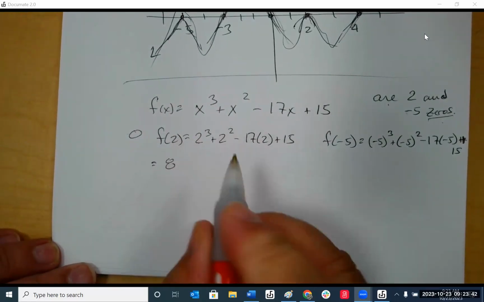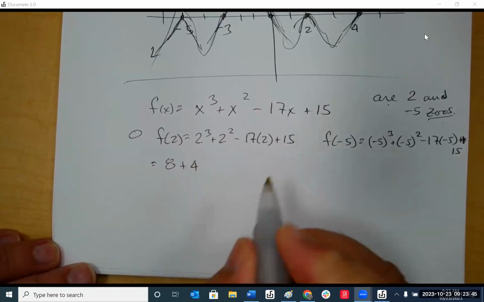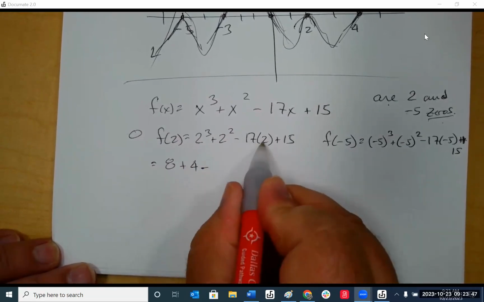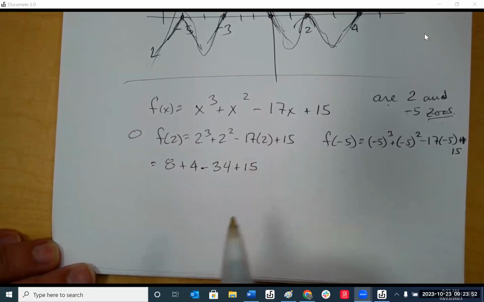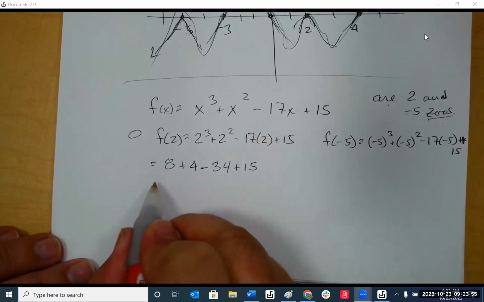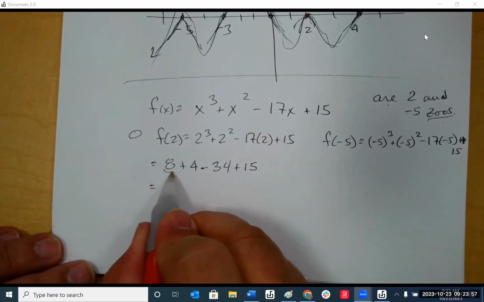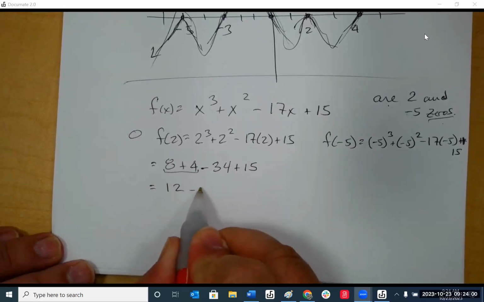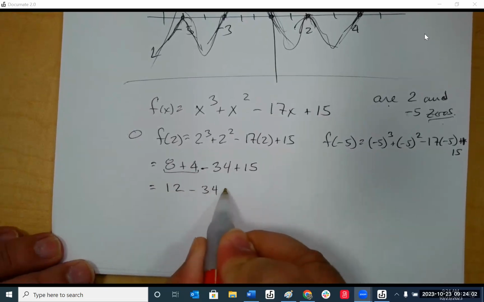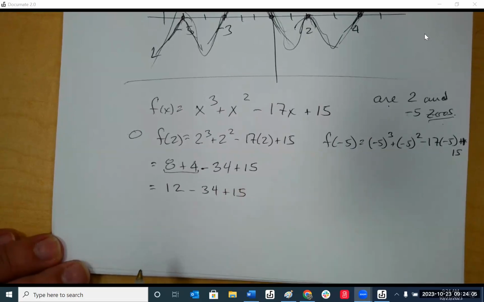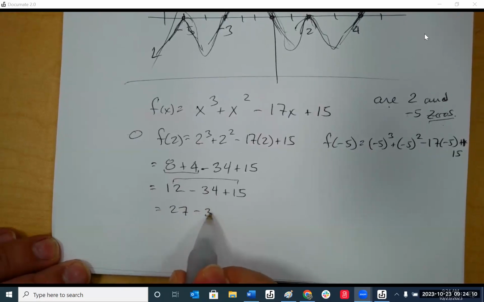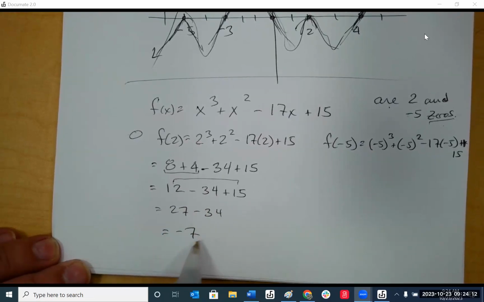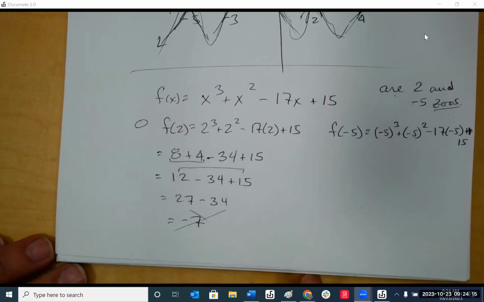Two cubed is 8. 2 squared is 4. Negative times positive is negative. 7 times 2 is 14. 27 minus 34 equals -7. No. 2 is not a zero.